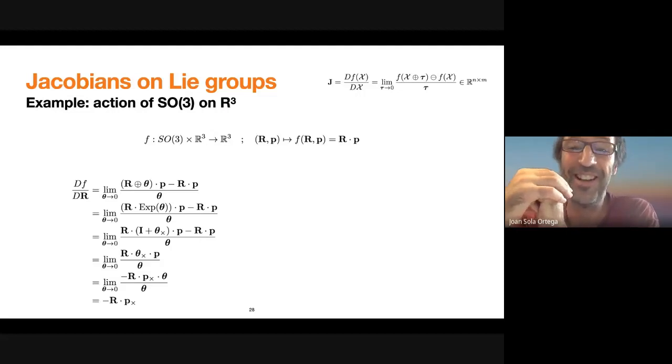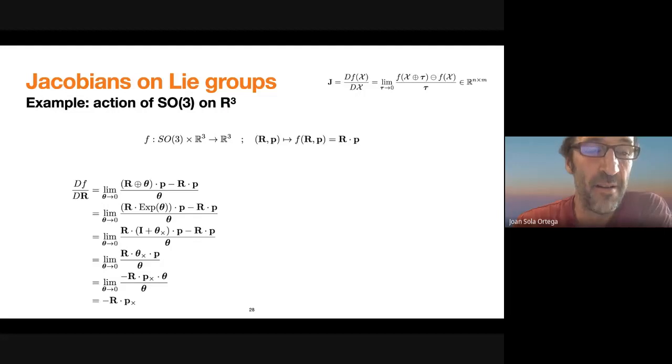First of all, R is a matrix. So this is the Jacobian of a vector f of R with respect to a matrix. But this is just a notation. What we want is a Jacobian with respect to R, but infinitesimal variations around R that are expressed in the tangent space of R, which is a 3D vector. Okay? So we express the limit, the definition.